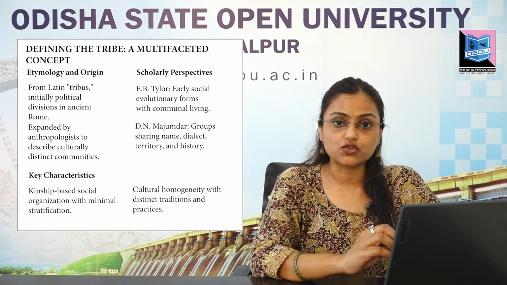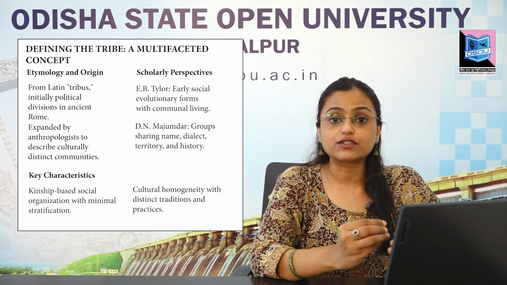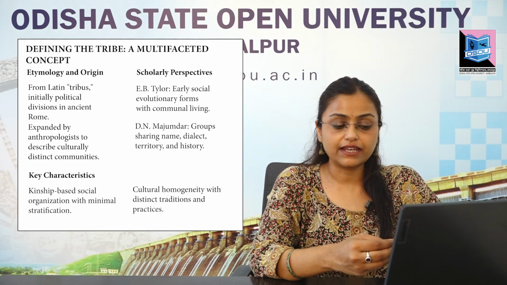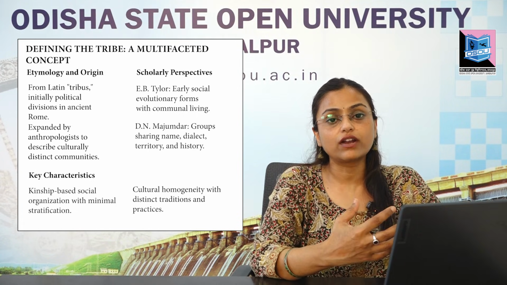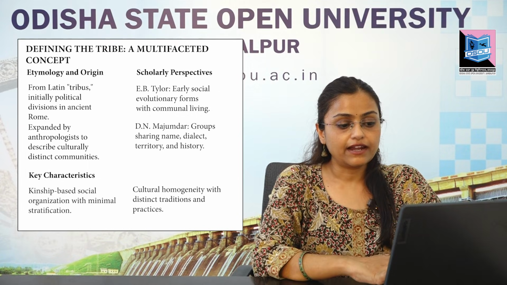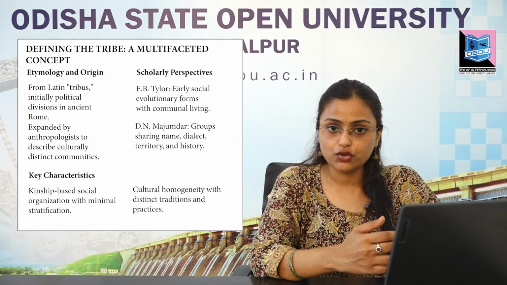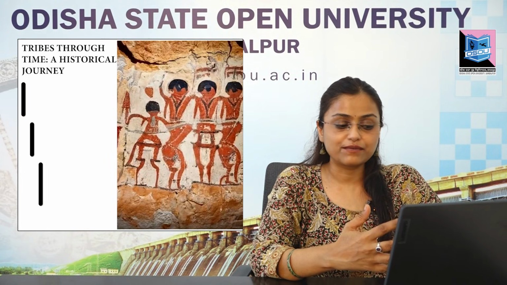Now, the Indian social thinker D.N. Majumdar defined tribes as a group sharing a common language, territory, and common name, and they also have their own cultural heritage.